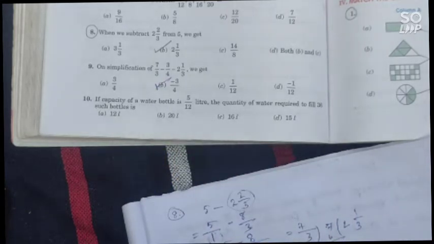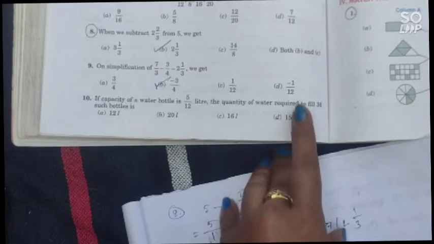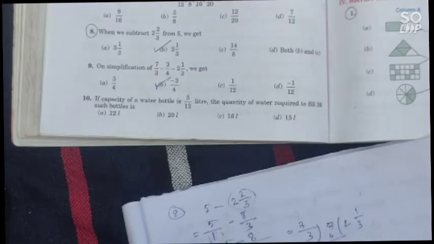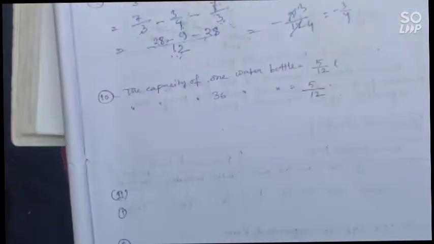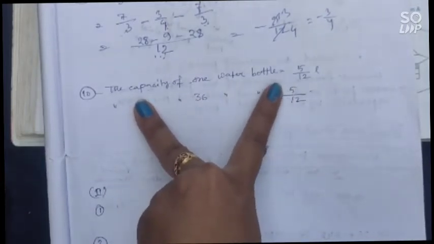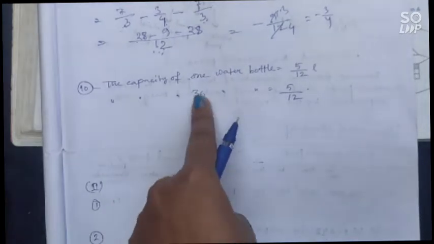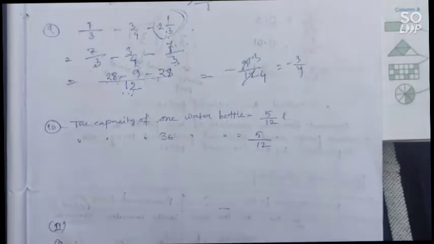So how much water can be required to fill 36 such bottles? The capacity of one water bottle is 5 by 12 liter. You have to find the capacity of 36 water bottles.